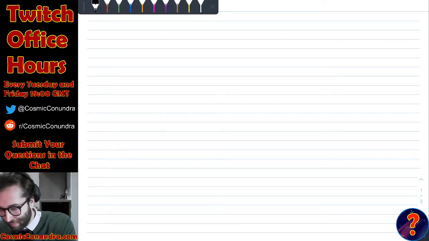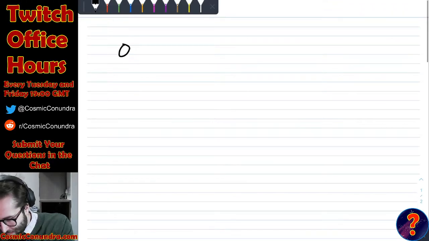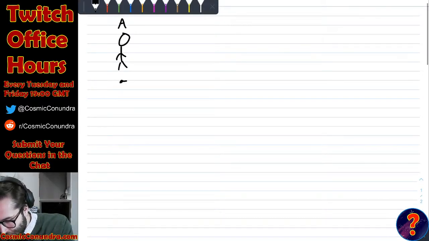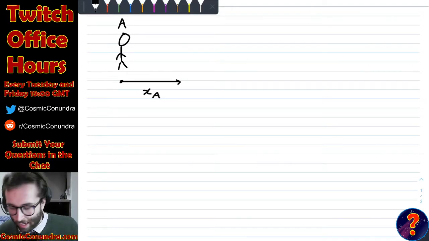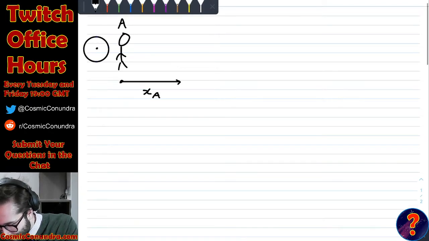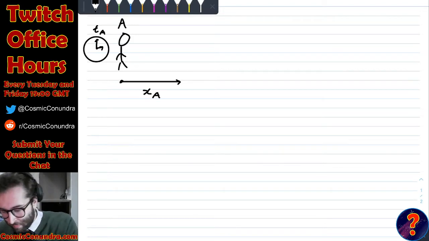Okay. So let's draw the same setup we had last time. We have a person A here who will measure distances from themselves as this length xa. And they have some clock to measure times, and we call this time coordinate TA.